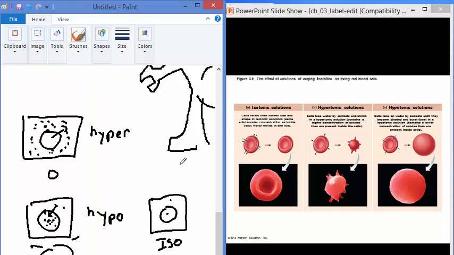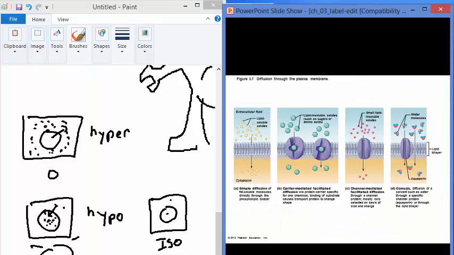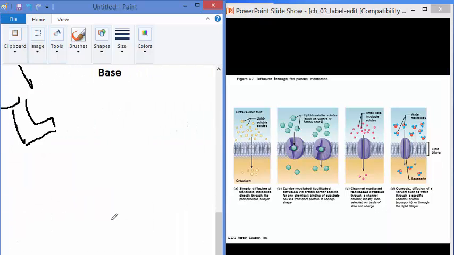So diffusion is movement from high concentration to low concentration. But sometimes you need to get substances out from low to high. In that situation, you need to use a process called active transport. Active transport is transport that requires ATP to take a substance from a low concentration to a high concentration.